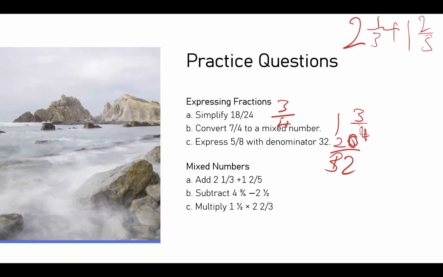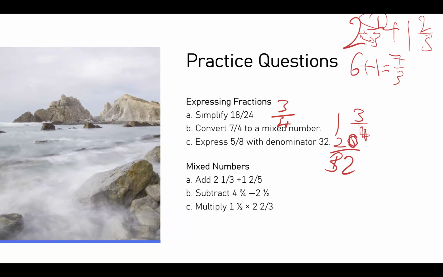To make 2 and 1/3 into an improper fraction, all we do is multiply these two, and then the answer of that, 6, we add to this top number. So 6 add 1 equals 7 for the numerator, and we keep the denominator the same, so that would be 7 over 3.